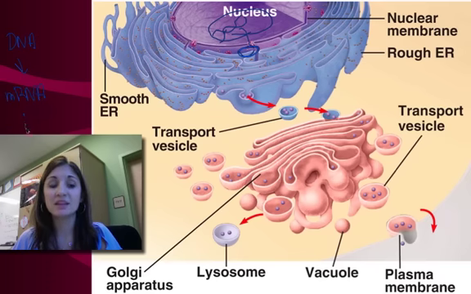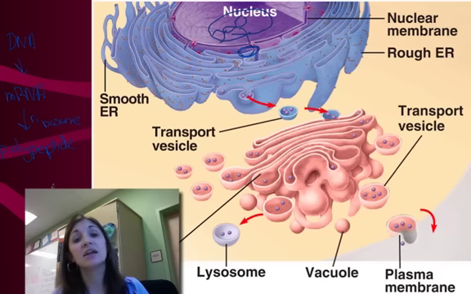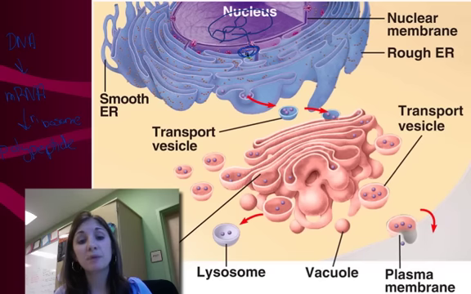That mRNA is going to dock with a ribosome. When it docks with the ribosome, it will read the message and produce a polypeptide. If it's an attached ribosome, the polypeptide gets synthesized and moves into that rough endoplasmic reticulum.